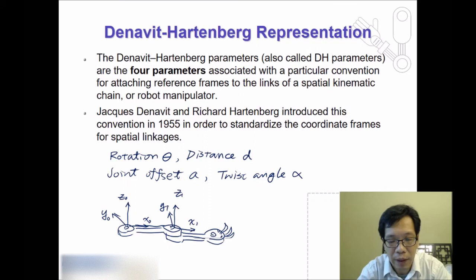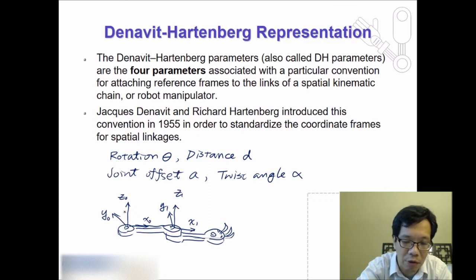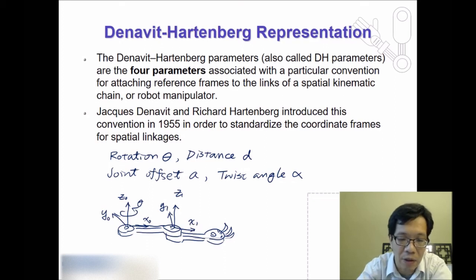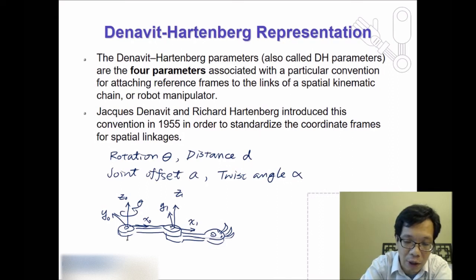So this one over here, when it starts to rotate, that is going to be my angle of rotation. And this distance is going to be the distance above it. So this one has nothing to do with the x-axis along this direction. So the d in this case is going to be 0. But when we connect this one to this one, we actually have a distance that is going to be a between those two joints.